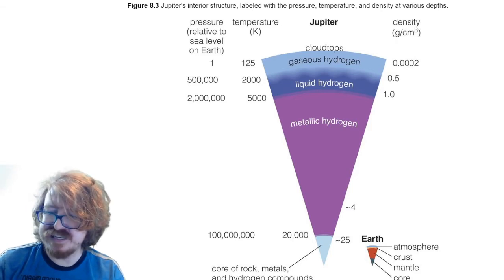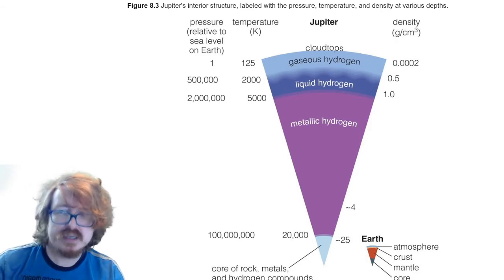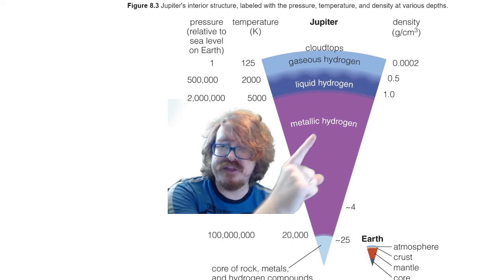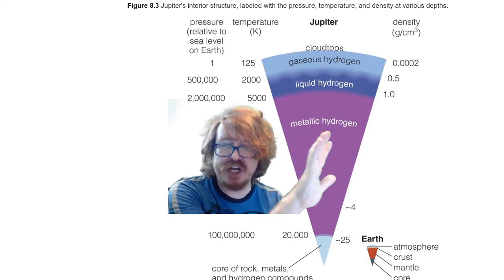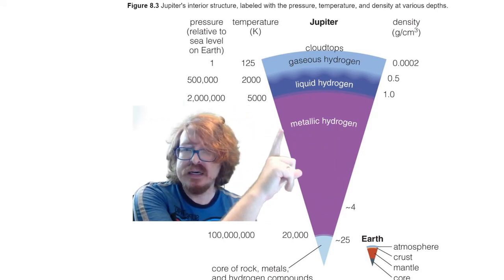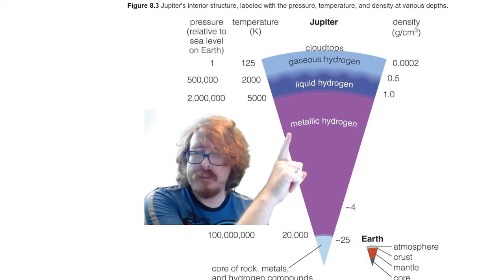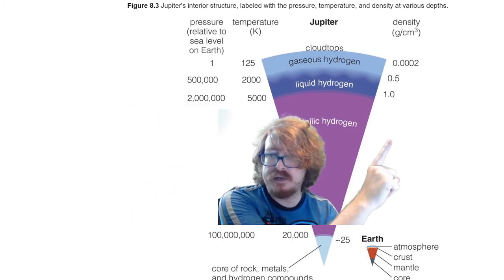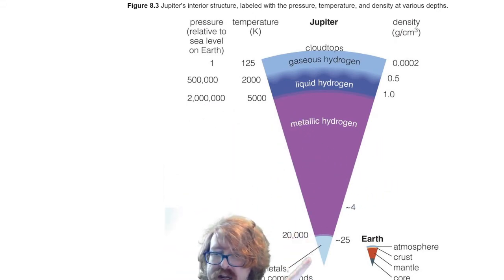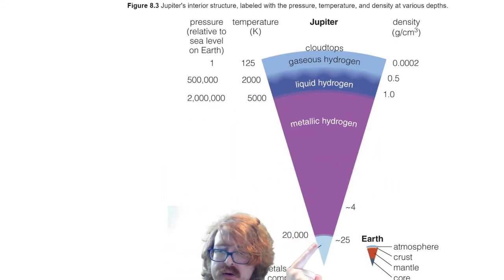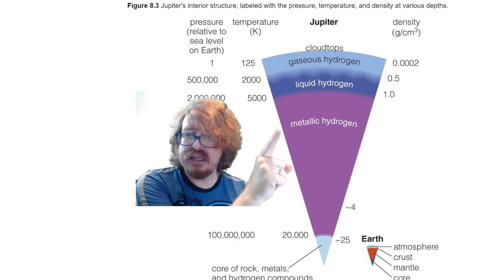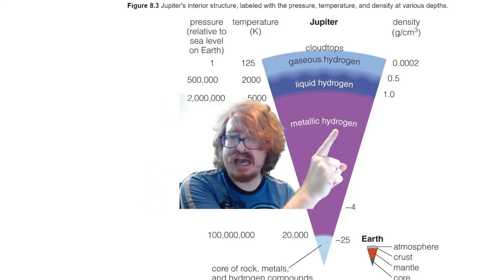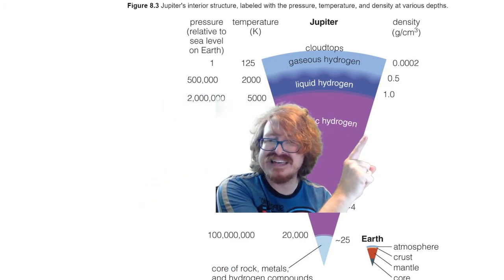Yes, this is a liquid. So how I would like to label this layer right here, instead of just metallic hydrogen, is liquid metallic hydrogen and helium, okay? So down here we have our rocky core, and then we have liquid metallic hydrogen and helium.